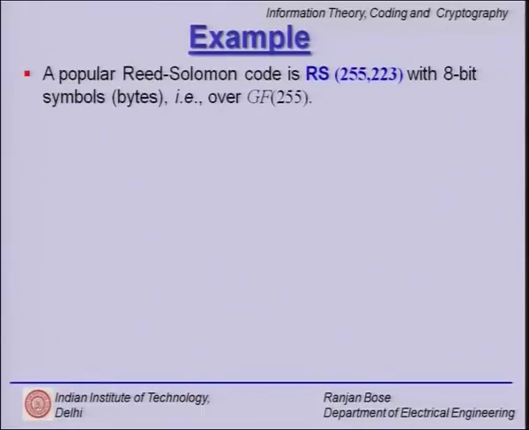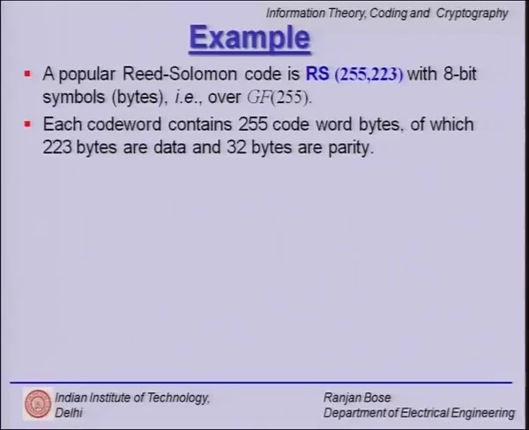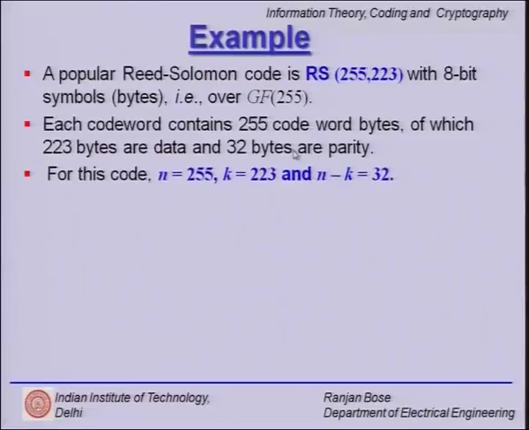Let us look at an example of a Reed-Solomon (255, 223). This is a popular Reed-Solomon code with 8-bit symbols. So, each symbol is 1 byte and the Galois field is GF256. What it means is it takes in 223 bytes of data, pads up with 32 parity bytes, and then yields a 255 byte long code word.